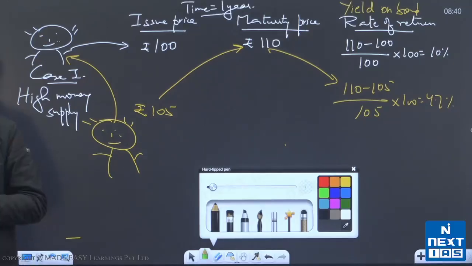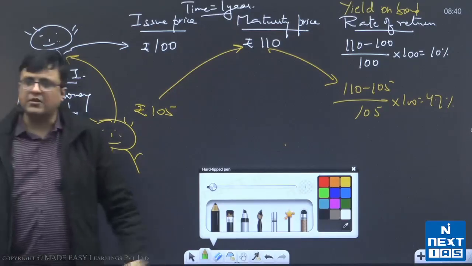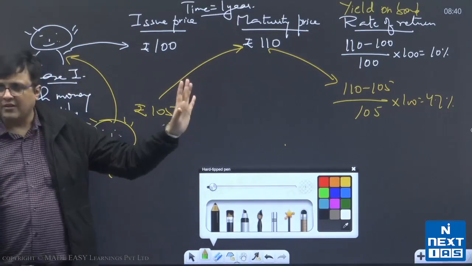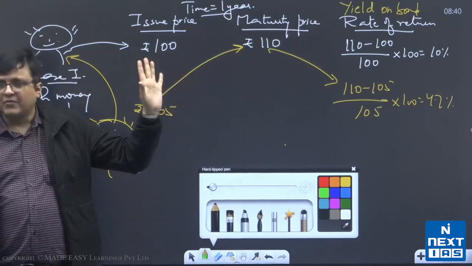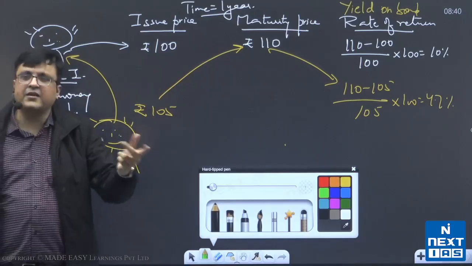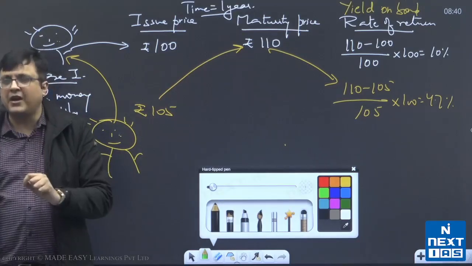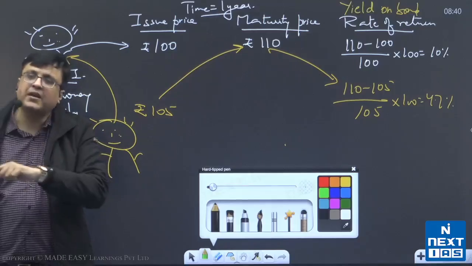That I'm not bothered about. Are you ever bothered about the dividend on the share? You are always bothered about how my share value will rise, no? So that is the financial market transaction idea. That I'm not bothered about 110. That is a given. That is the least I will get. I am interested in what if in 1 month I can get 108. If I'm buying a bond at 105, somewhere I'm expecting it and hence buying it.